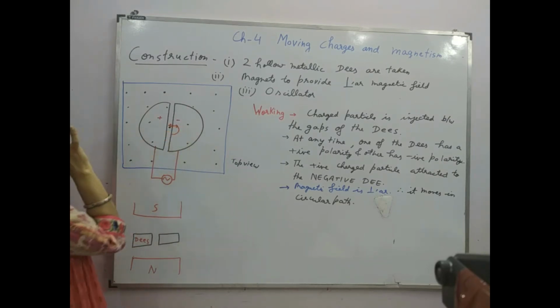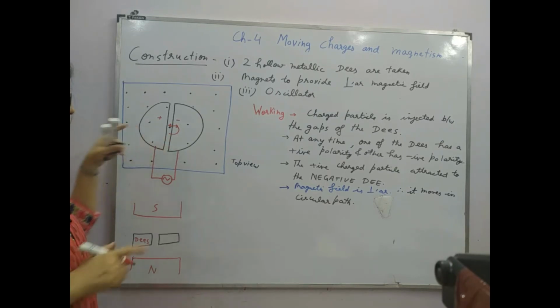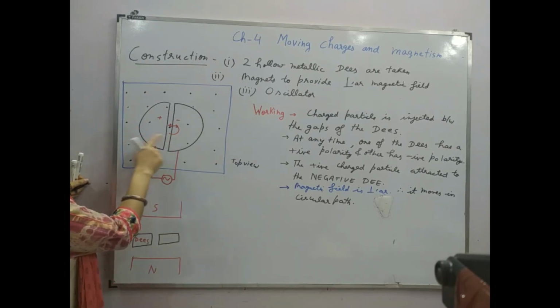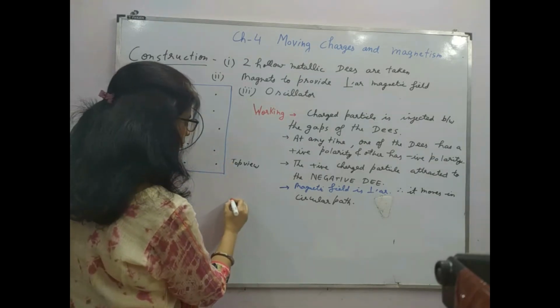So once it covers the semicircle, it reaches the gap again, right? It is important that when it reaches the gap, at the same instant, the polarity of the Ds is reversed by the oscillator. So, a very important point. I'm marking with the red pen over here.